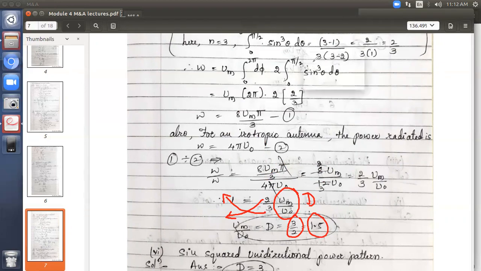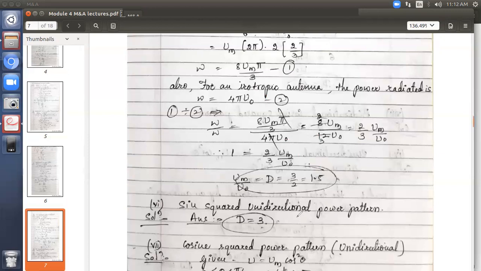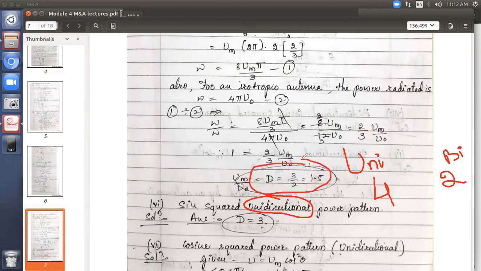Now, if I ask you, what is unidirectional sine square? There is a relationship I told you, unidirectional and bidirectional. If your bidirectional value is 2, unidirectional will be double. Unidirectional will be more, bidirectional will be less. We have now calculated for bidirectional.